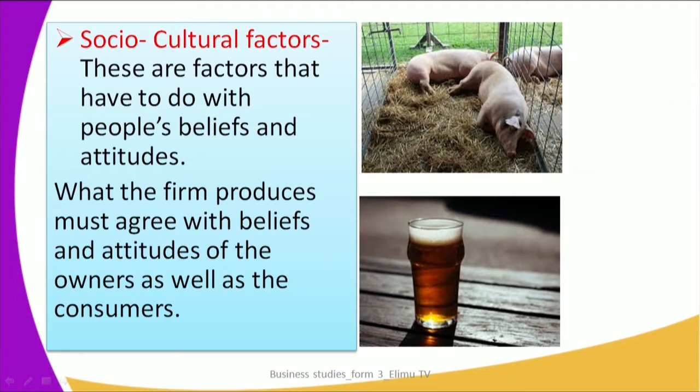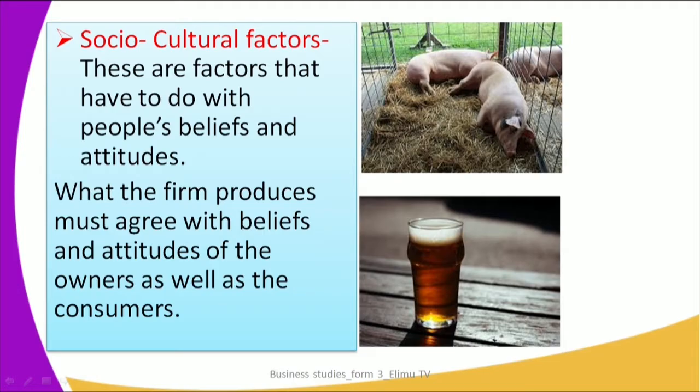The other factor to consider is the socio-cultural factors. These are the factors that have to do with people's beliefs and attitudes. So a firm should produce a product that goes hand in hand with the beliefs and the attitudes of the owners as well as the consumers.